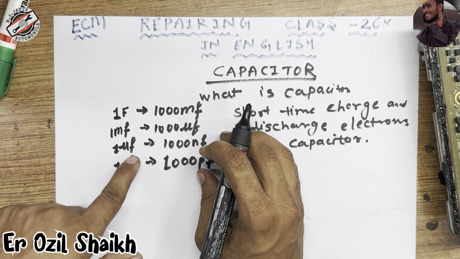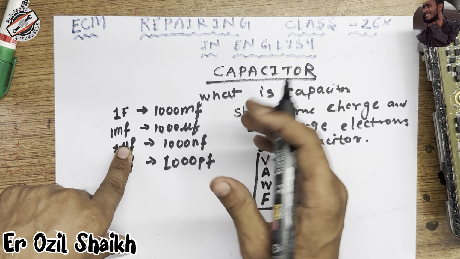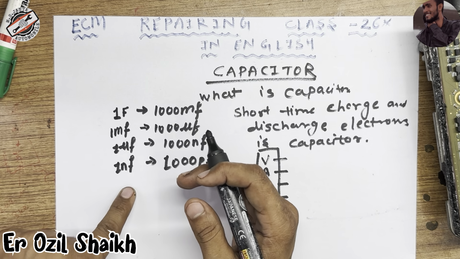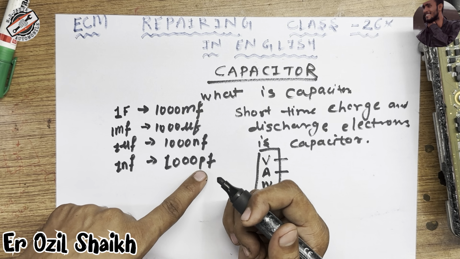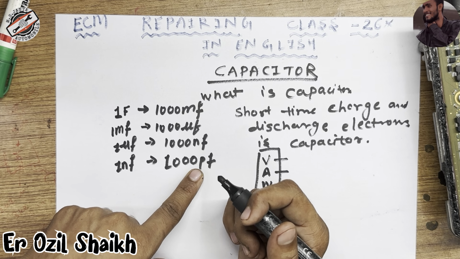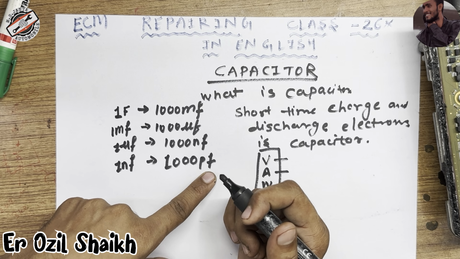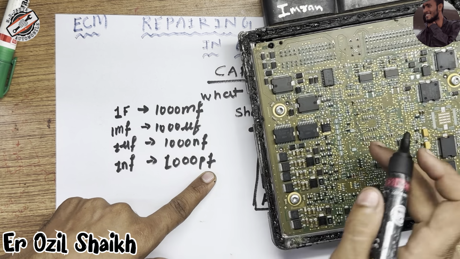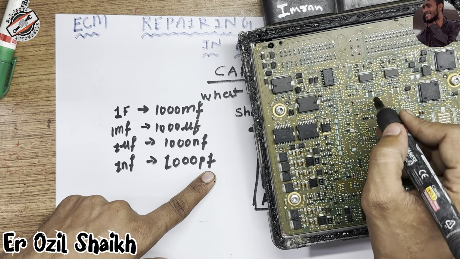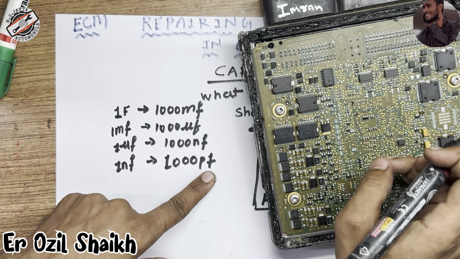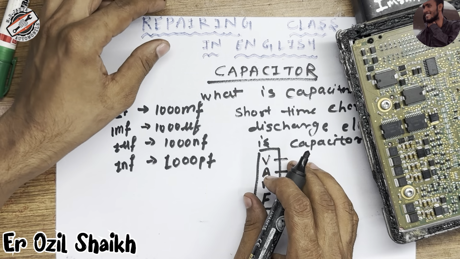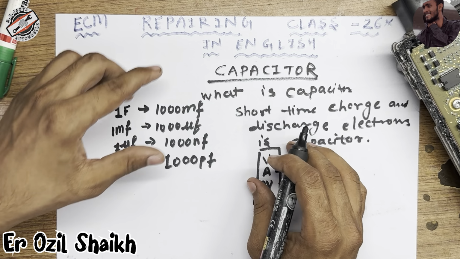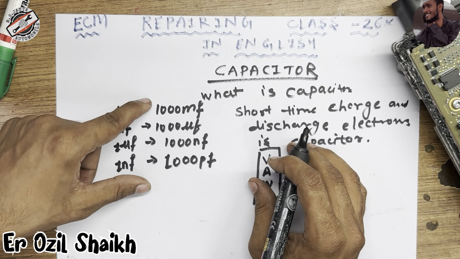If you have a microfarad, we can't say mF, that's wrong. It is wrong to say 1 pF, 100,000 pF, it is not good. If you see any non-polarized capacitor, you have to say only non-polarized capacitor, not pF. Okay, so now we have to calculate.